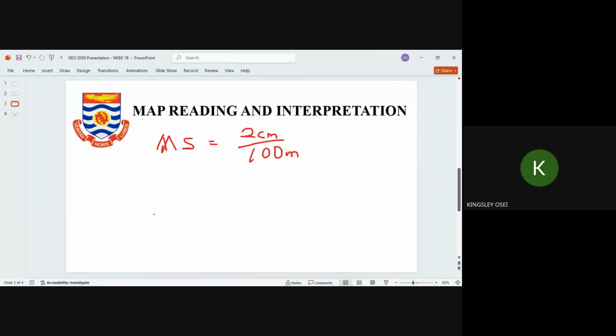Therefore, 100 meters is more, less, divide. And you see clearly that the 100 meters will have to be computed as 100 times 100 to get the centimeters. Of course, I'm writing the expression on the side here. We are saying that 1 meter is equivalent to 100 cm.